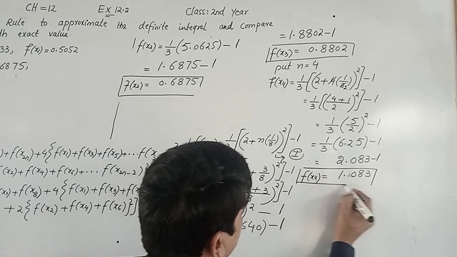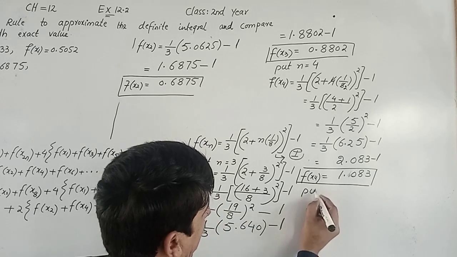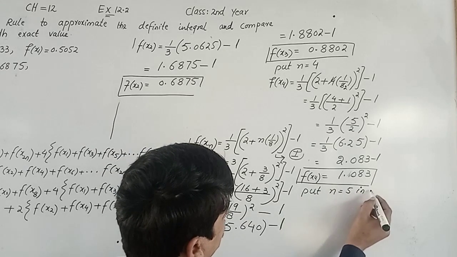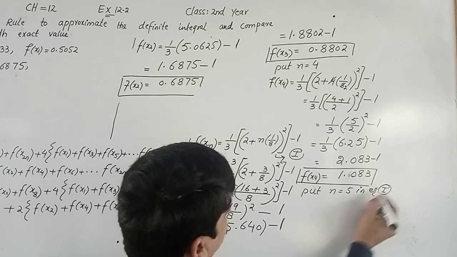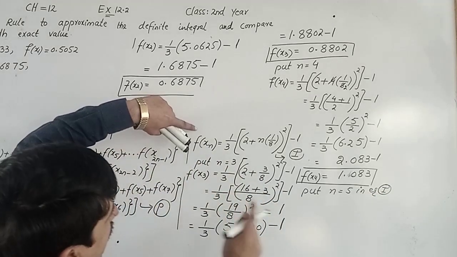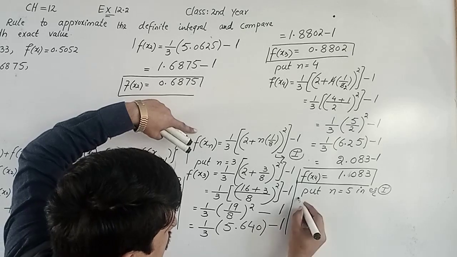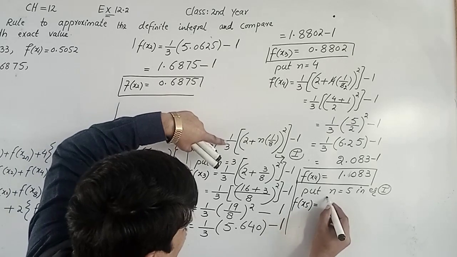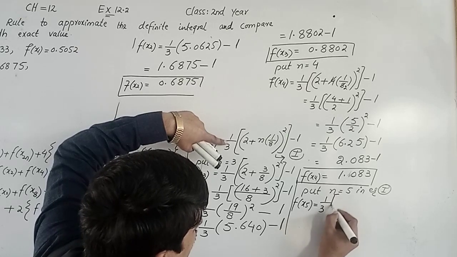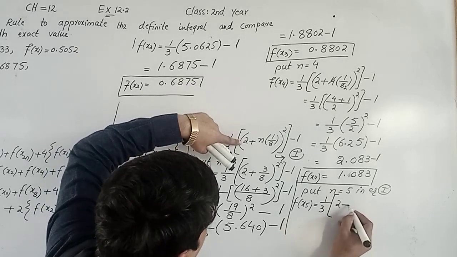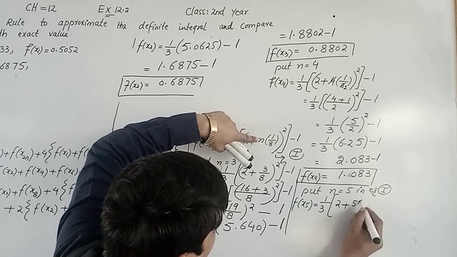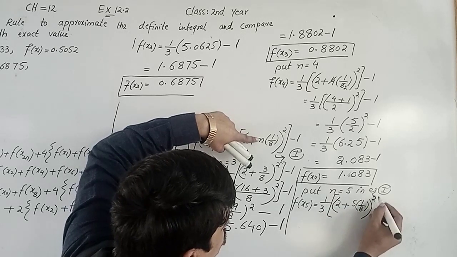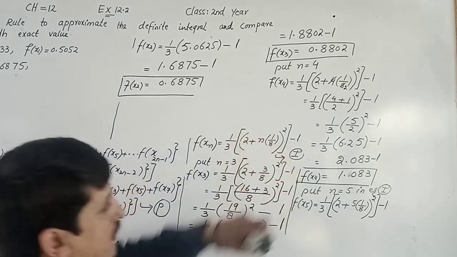Now put n is equal to 5 in equation 1, so we get f of x5 is equal to 1 divided by 3, 2 plus 5 divided by 8 whole square minus 1.